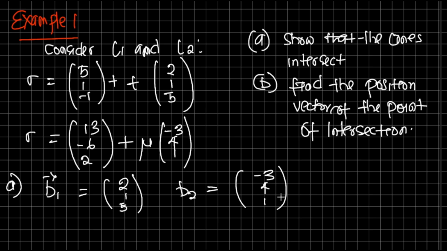So these are the directions of the vectors that we have. And then we have the points: a1 equals (5, 1, -1) and a2 equals (13, -6, 5). So these are the points we have.